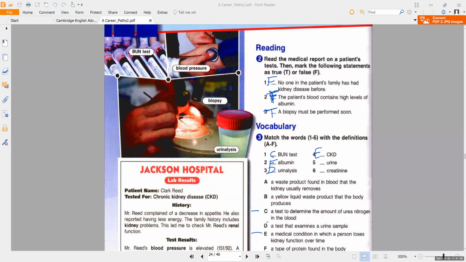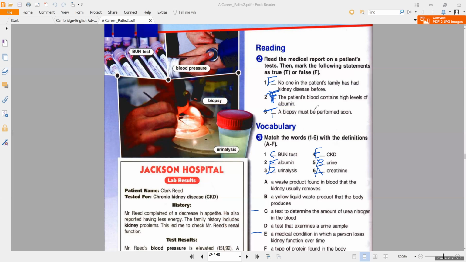Urine is B, a yellow liquid waste product that the body produces. And finally, creatinine. So it is A, a waste product found in the blood that the kidney usually removes.